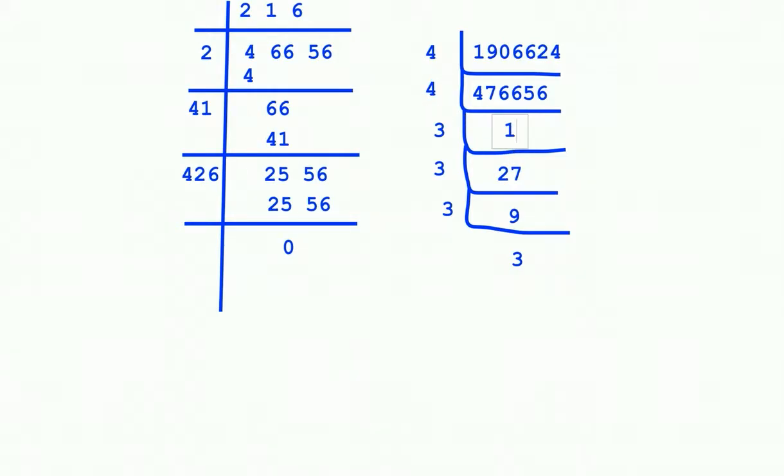4 1s are 4. 4 9s are 36. 4 3s are 12. 4 9s are 36. No, 4 9s are 36, 3. 4 3s are 12, 15, 1. 4 6s are 24. 4 4s are 16.